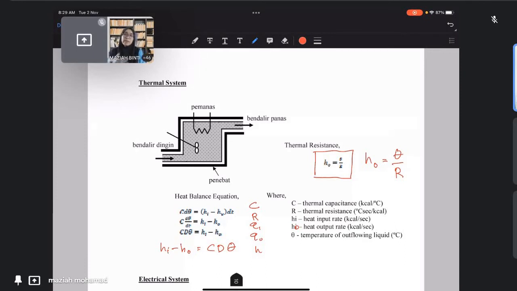It's similar to the second equation in the water level system. If you remember the liquid level system, you should be able to remember the thermal system. So C and R are constants, and this one is variable.